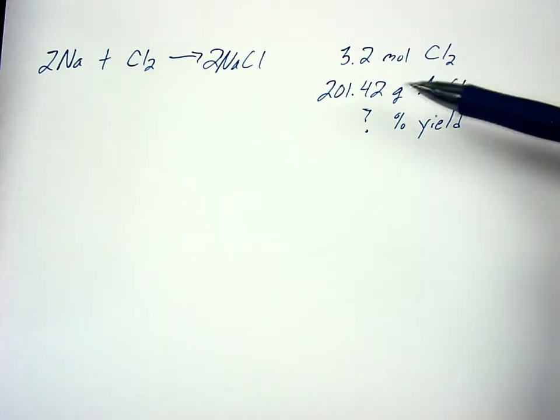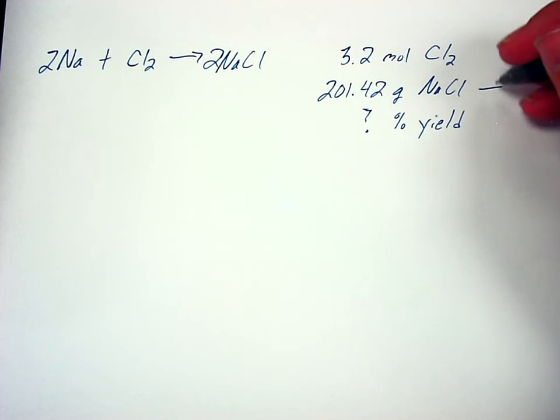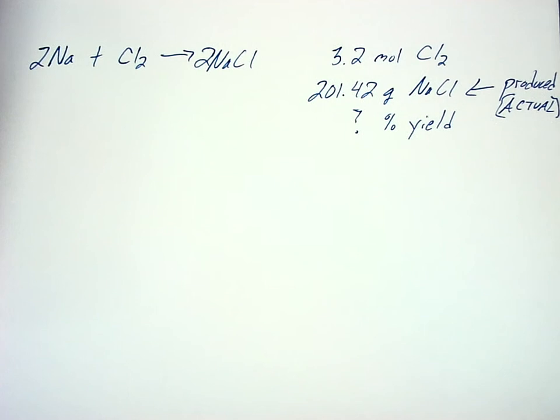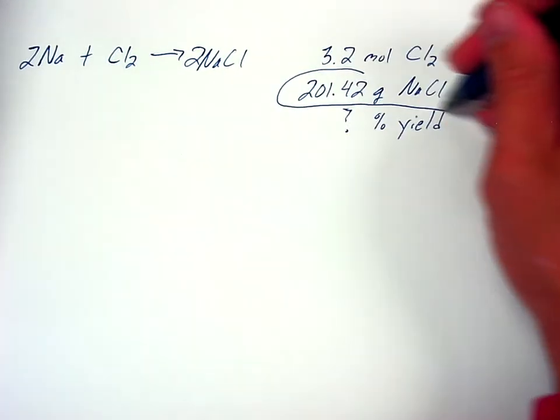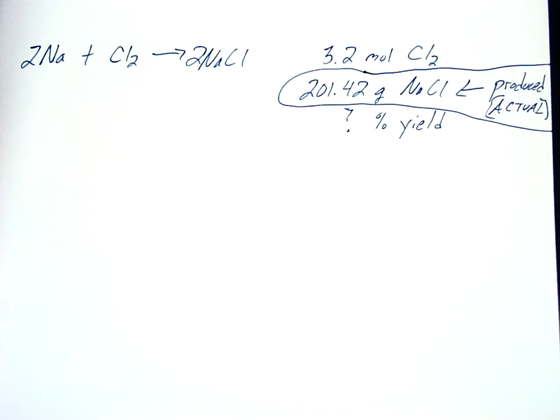So if I read the question very carefully, it says that this number was produced by somebody else that did the lab. Therefore, the number that was produced is the actual yield. All right? So the actual yield, therefore, is going to be this guy here, and I am not going to do anything with him.